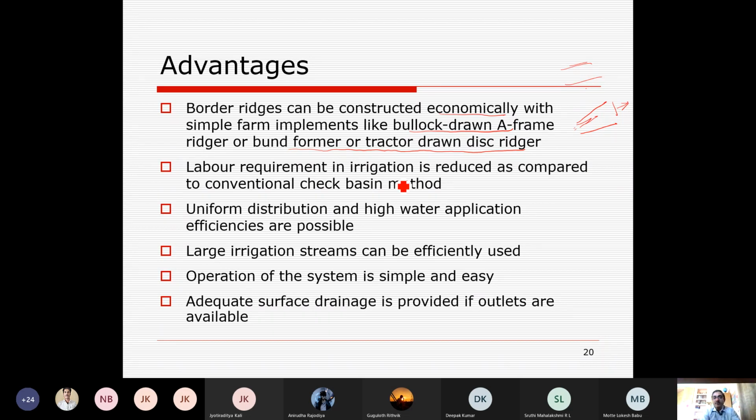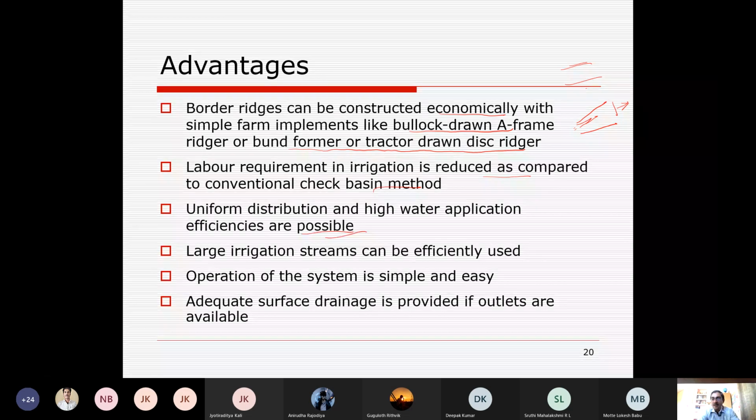Labor requirement in irrigation is reduced as compared to conventional check basin, that is the next method. Uniform distribution and high water application efficiencies are possible if we are designing properly.